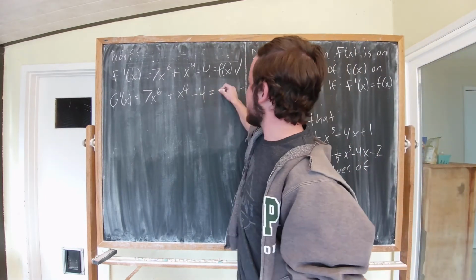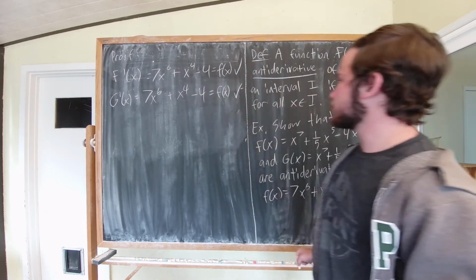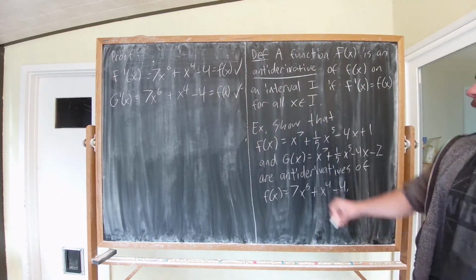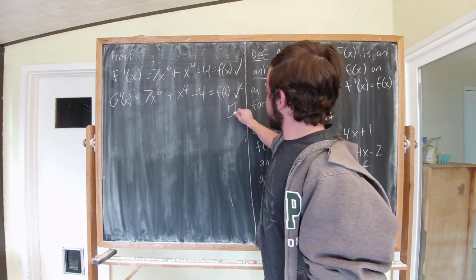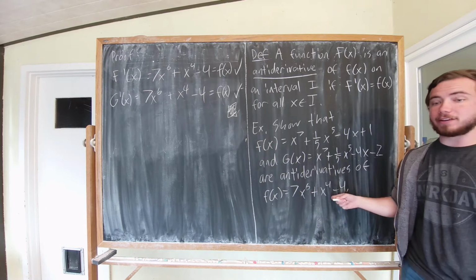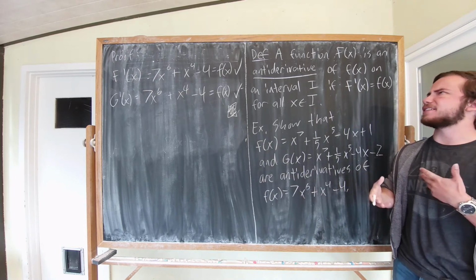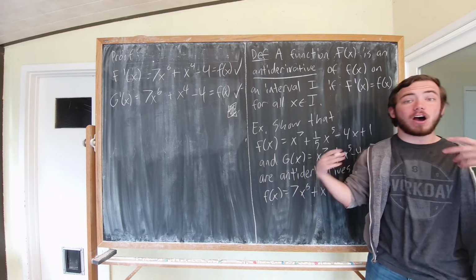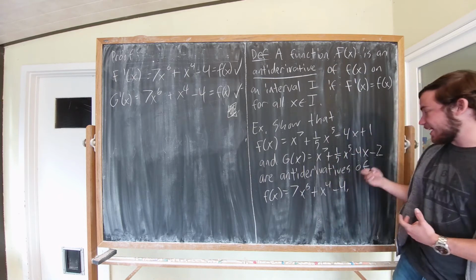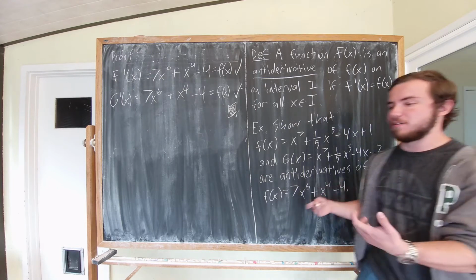So this is it, and we'll have that be equal to f of x again. Alright, and that's all there is to it. F and G are therefore both antiderivatives of little f of x. So that's an important thing to get: antiderivatives are not unique, because I can add any constant on and it doesn't change the derivative.